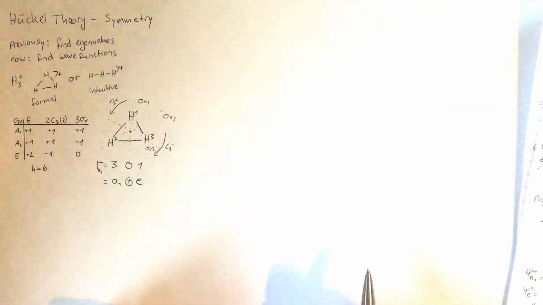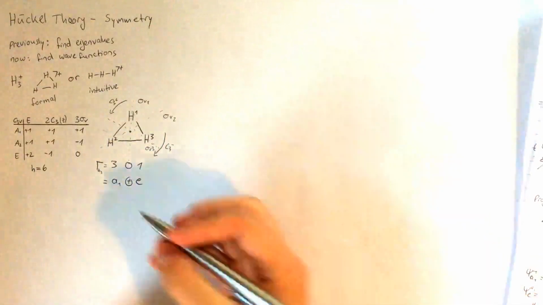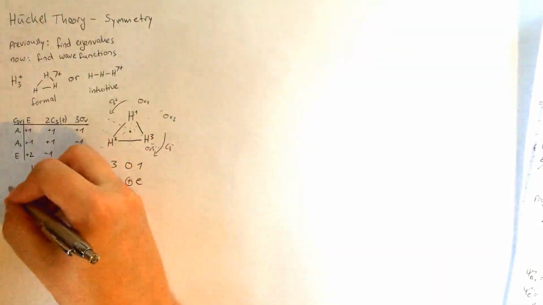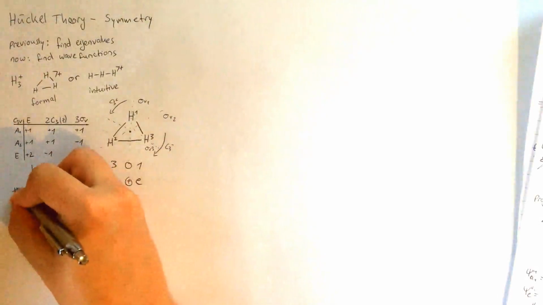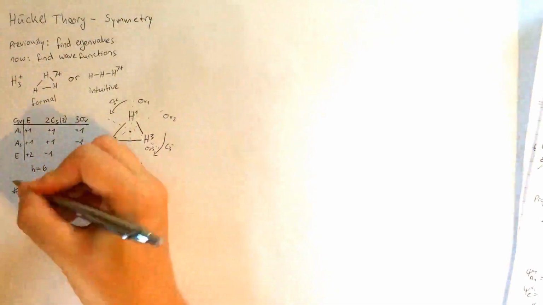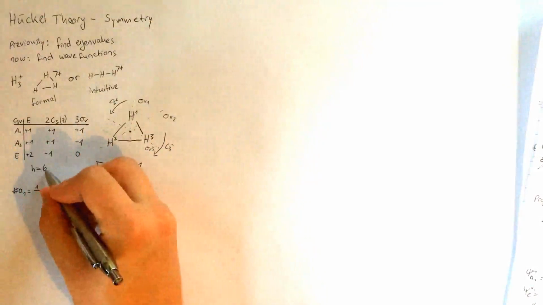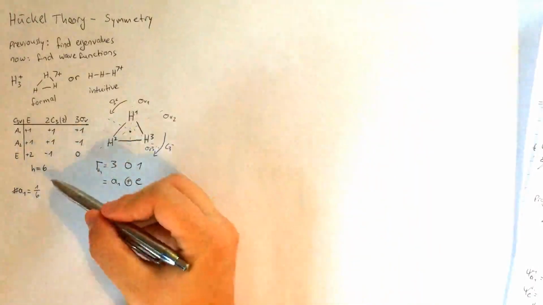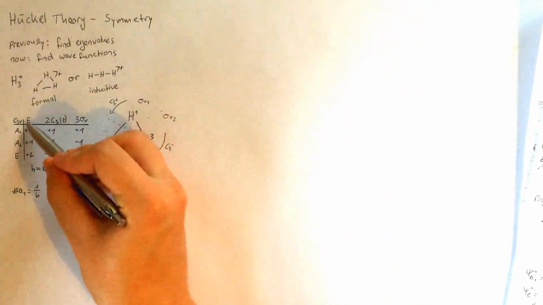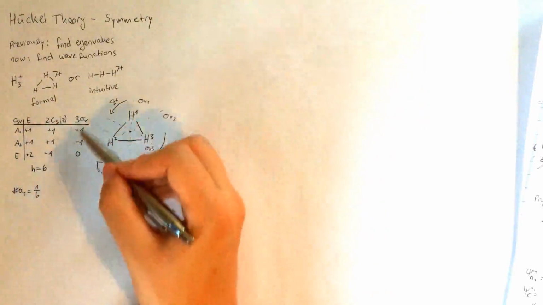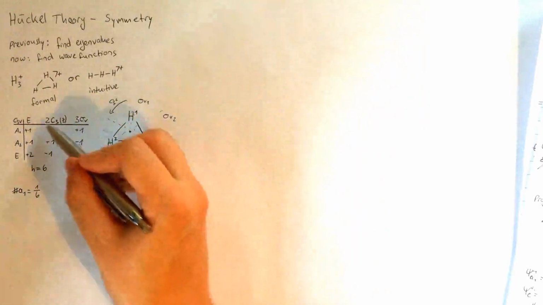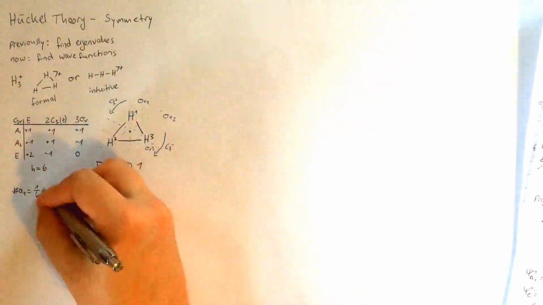Alternatively, we could have used the reduction formula, which looks as follows. I'll just give you one example. So we say the number of A1 irreducible representations, which I call irreps, is 1 over the group order, which is 6. Why is it 6? Because we have one identity, 2 C3 operations, and 3 mirror planes. So 1 plus 2 plus 3 is 6.